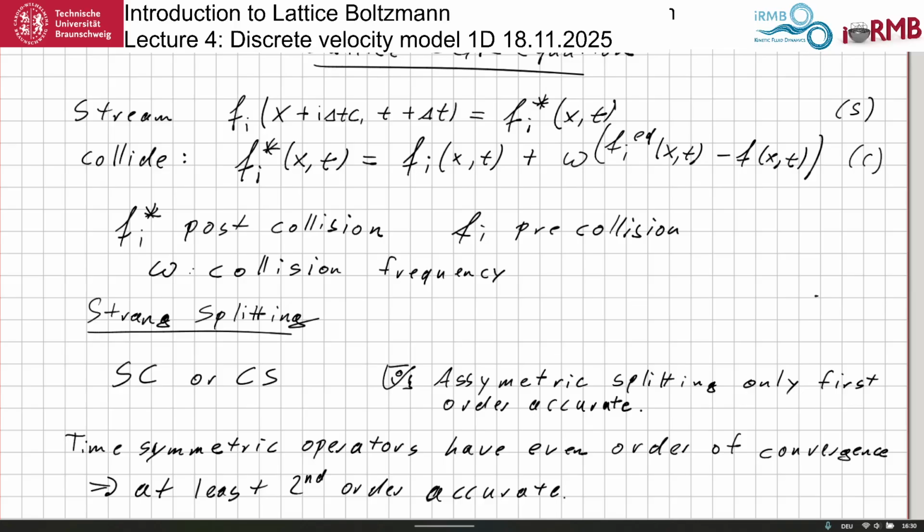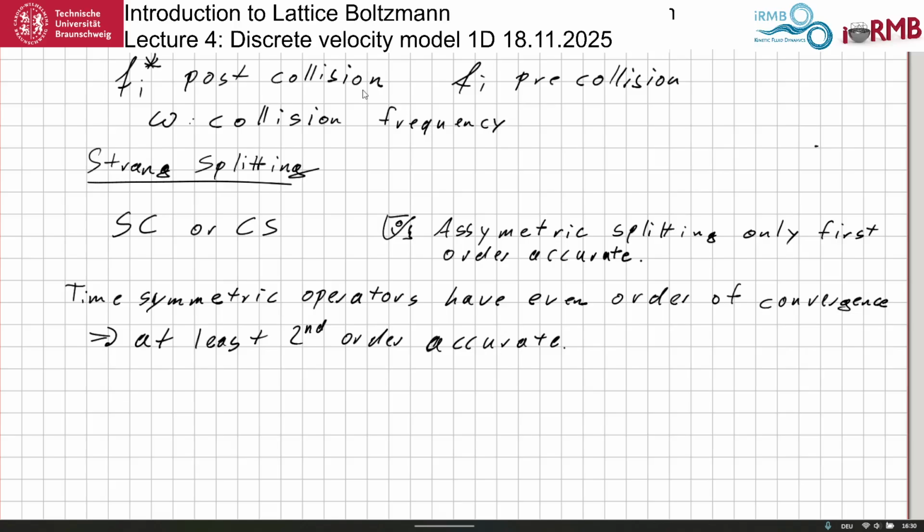So how do we get this symmetric? We just write it in a different way. And now this is called splitting. What we do is we do a splitting of the streaming. Yeah. So what is the splitting of the streaming? Say we have f_i(x, t), and so this is the pre-collision state, and from this I put everything on one side and equal it to 0, right?